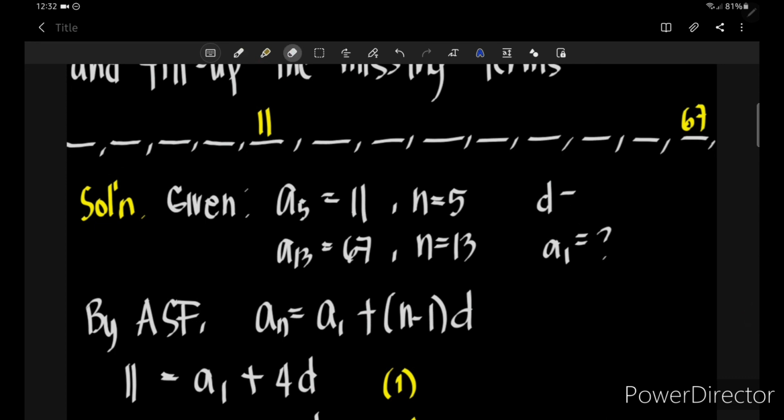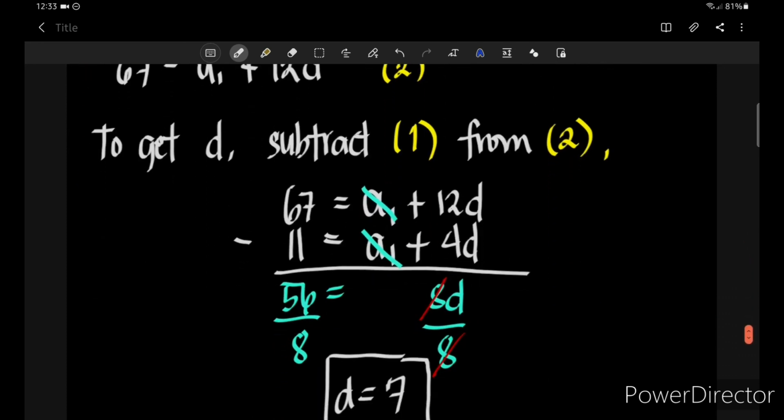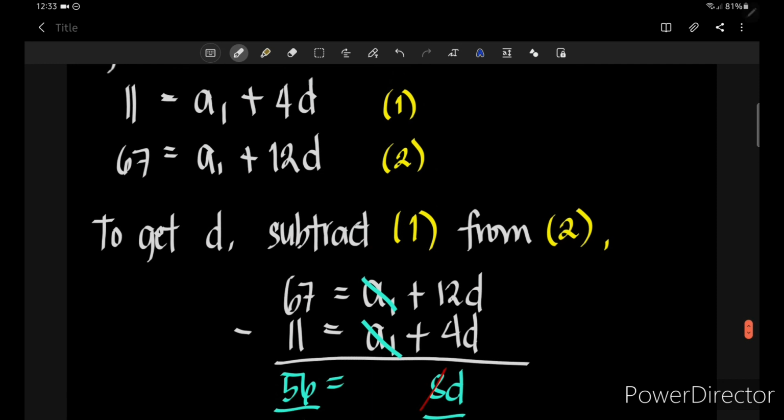Gagawin natin itong 7. Now, anong tulong ng common difference? Pag alam mo yung common difference, kaya mo nang mailista yung mga succeeding term tsaka previous term. Ngayon, yung d na to, pwede natin itong i-substitute either kay equation 1 or kay equation 2 para makuha natin yung a sub 1.